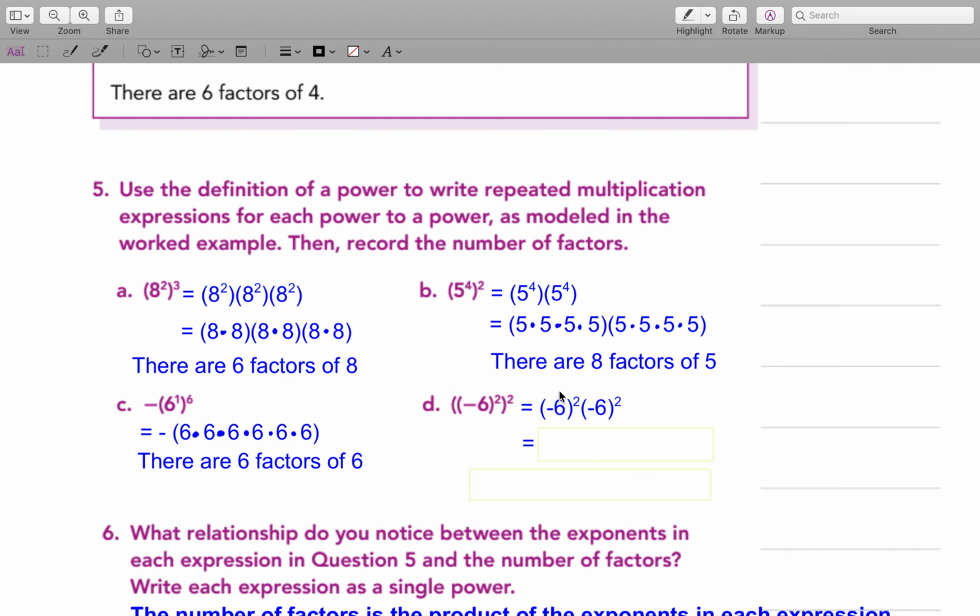So negative 6 squared times negative 6 squared. Okay, so take a look at this one, and it's being raised to the 2nd power, so we write it twice. So negative 6, it's in the parentheses, so we have negative 6 times negative 6 for the first part, times negative 6 times negative 6 for the second part. And we know that there are 4 factors of negative 6.